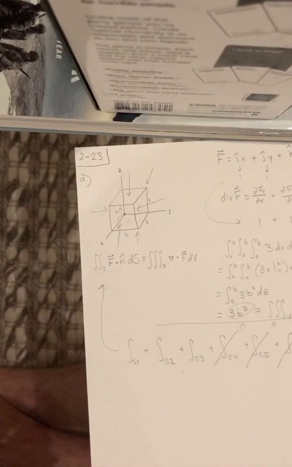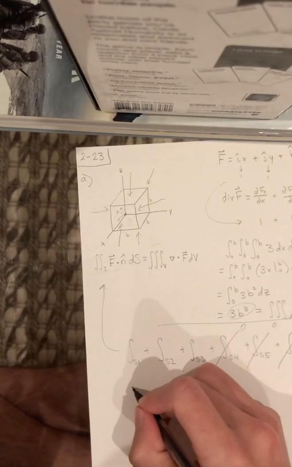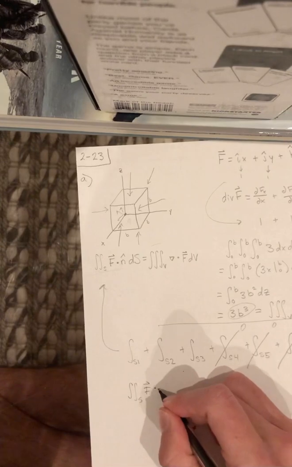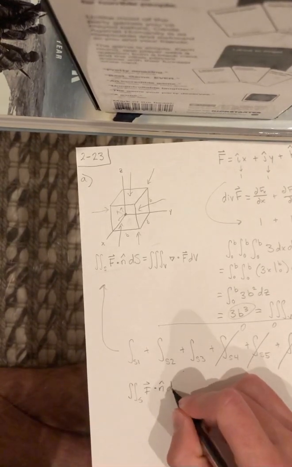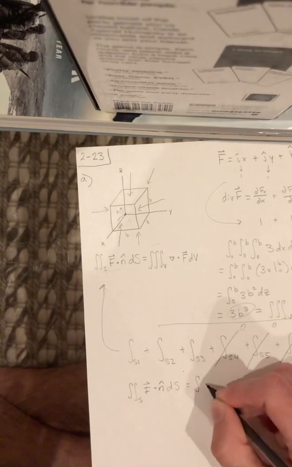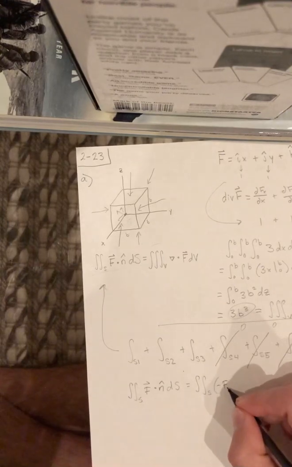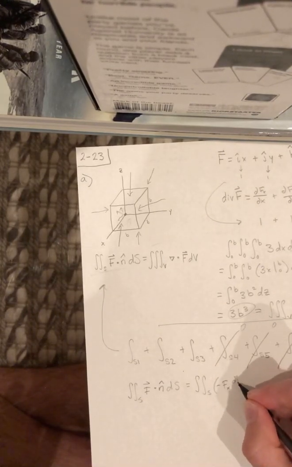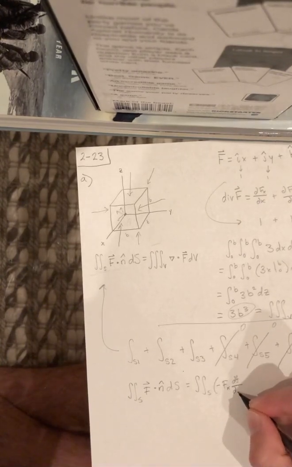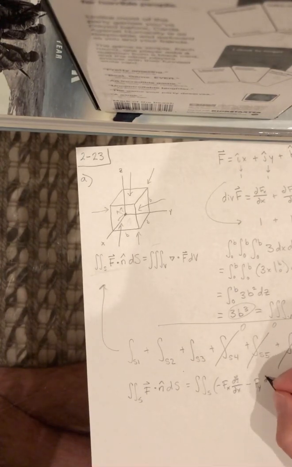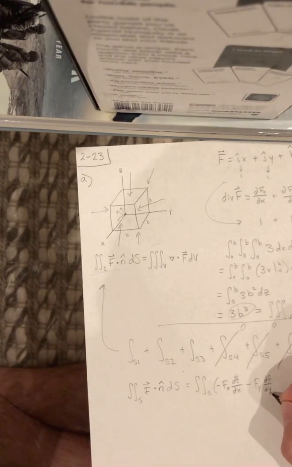So what that would look like is the integral over S of F dot n hat dS equals the integral over S of negative fx dz/dx minus fy dz/dy plus fz dA.